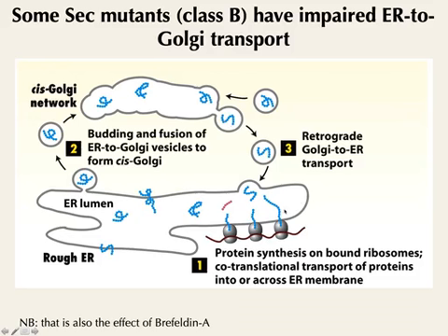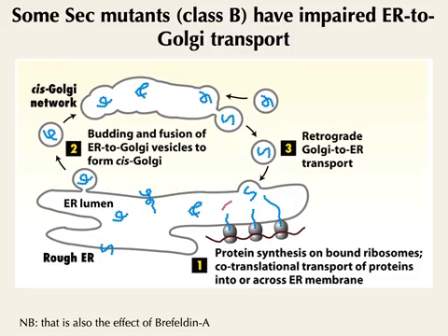Two slides ago, when I showed you this Brefeldin A treatment, this drug actually blocks the retrograde transport. And that was a neat illustration, because if you remember, in that slide, the protein was stuck in the ER. So you could be wondering, wait a minute, you're only blocking the retrograde transport, so why is it not stuck in the Golgi?